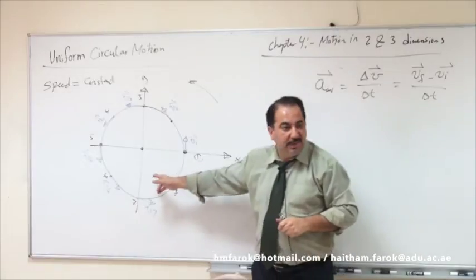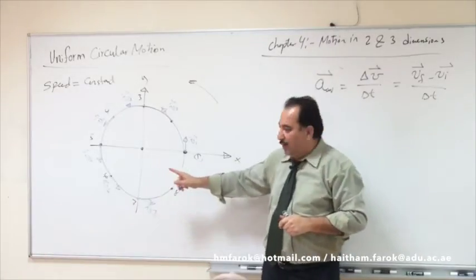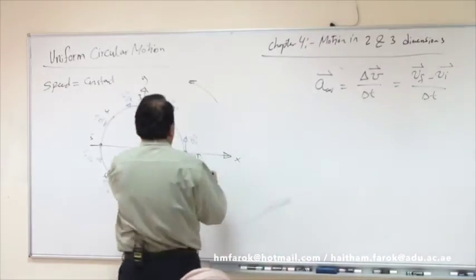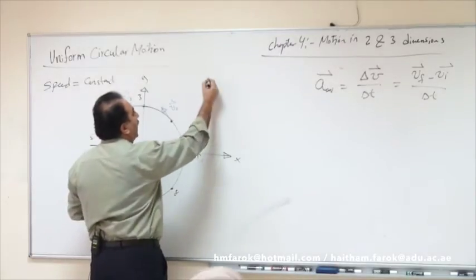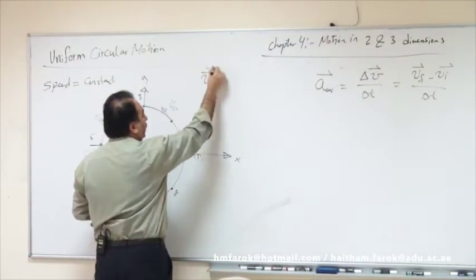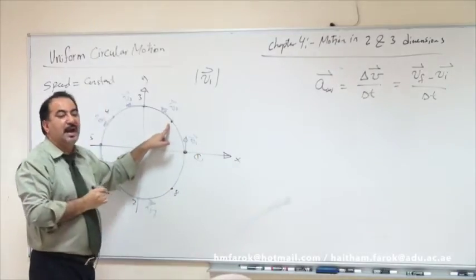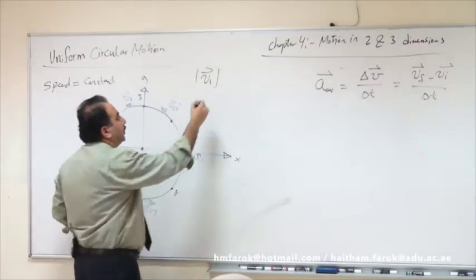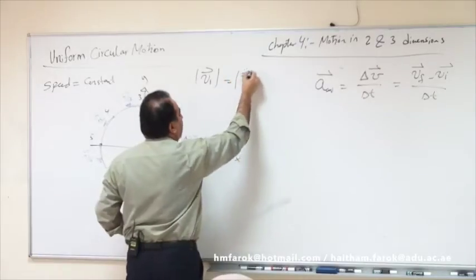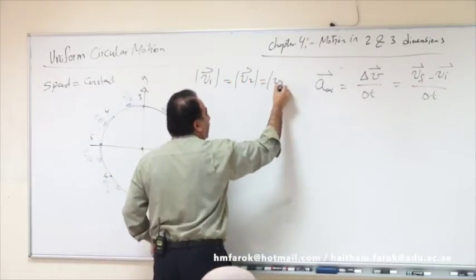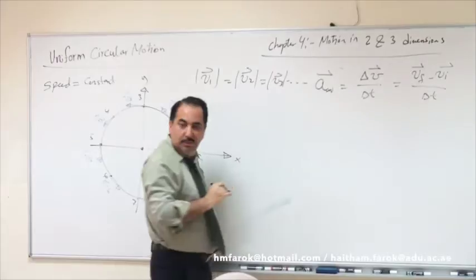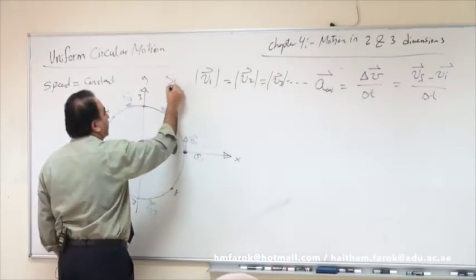And this is what happens here, same speed. So here, what is the V1 magnitude? What is that speed at 1? What's the speed at 2? Equal to V2 magnitude, equal to V3 magnitude, and so on. Speed, constant.